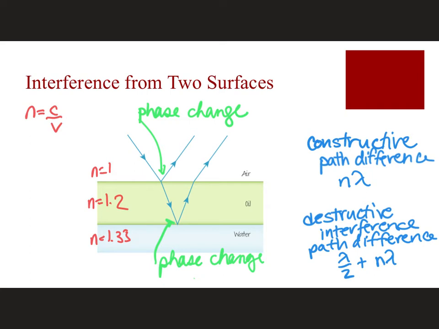Second, determine if there's going to be a phase change or not. Third, figure out the path difference for the second ray in order to create either your constructive or destructive interference as required by the question. And then, last of all, don't forget that path difference is there and back. So if you want the thickness of this film, you will have to divide that by 2.